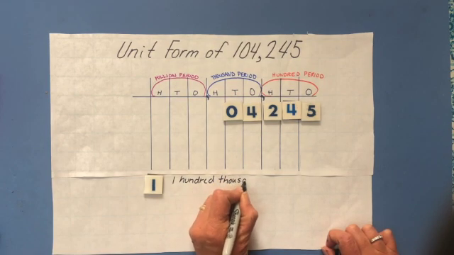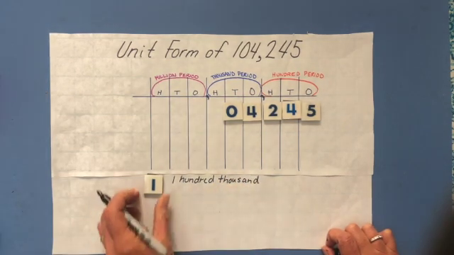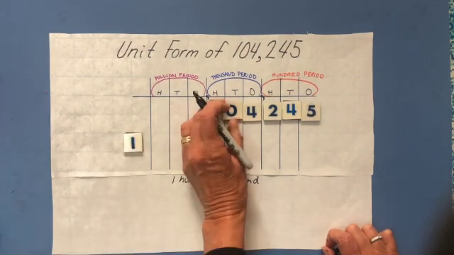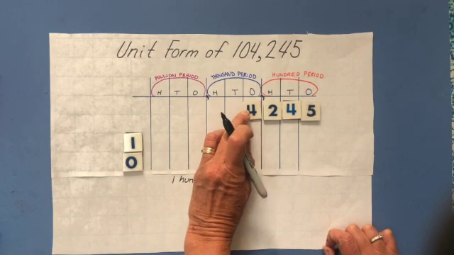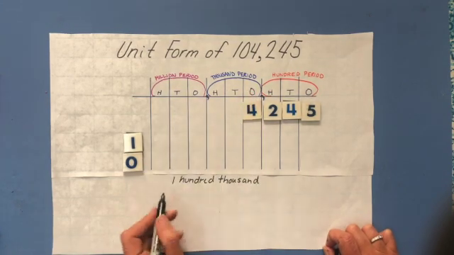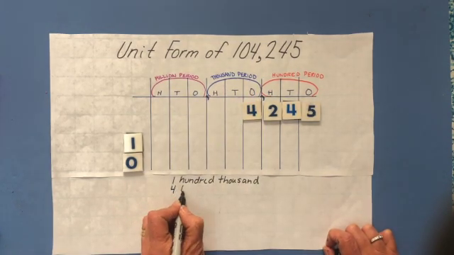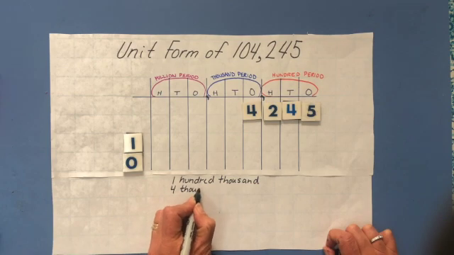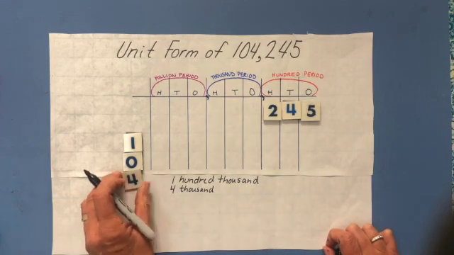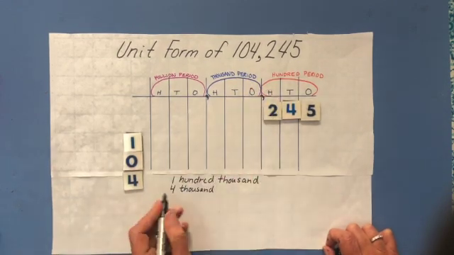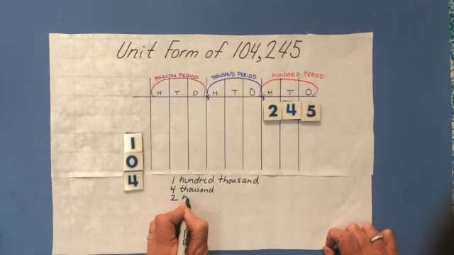And we just write 100,000 in words. The next digit, 0, is just 0, so we're not going to deal with that. But this 4 is in the thousands place. So we're going to write 4,000. This 2 is in the hundred place. So 200.